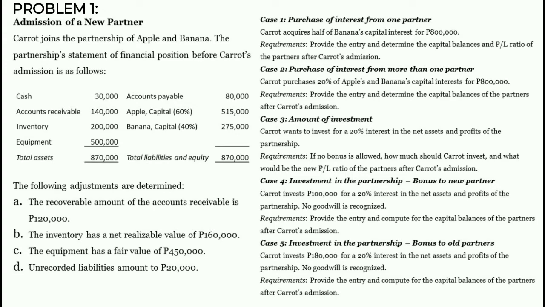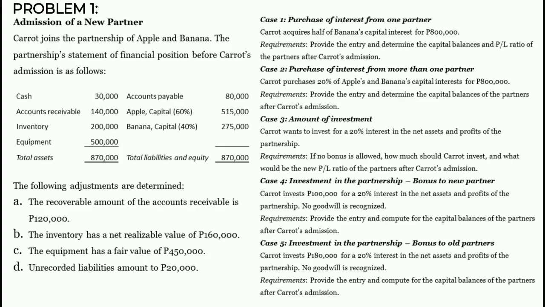Accounts payable, 80,000 pesos. Apple capital, 60%, 515,000 pesos. Banana capital, 40%, 275,000 pesos. All in all, the total liabilities and equity amount to 870,000 pesos. The following adjustments are determined.